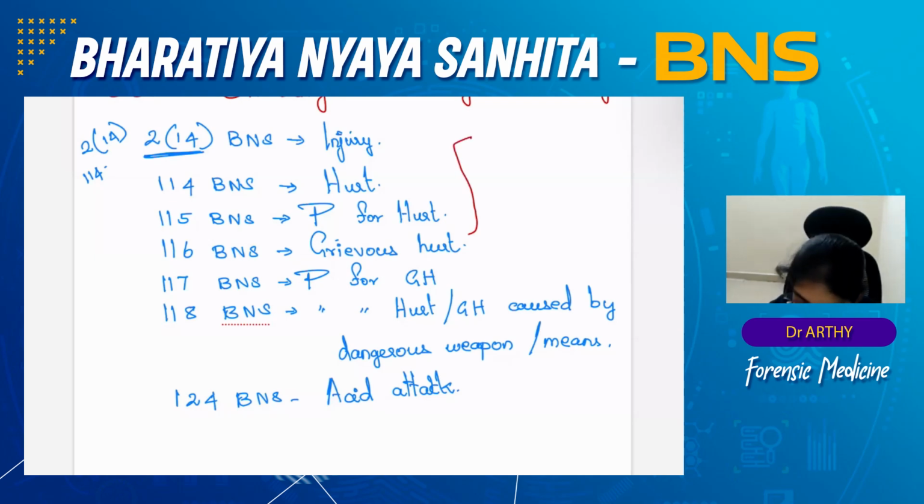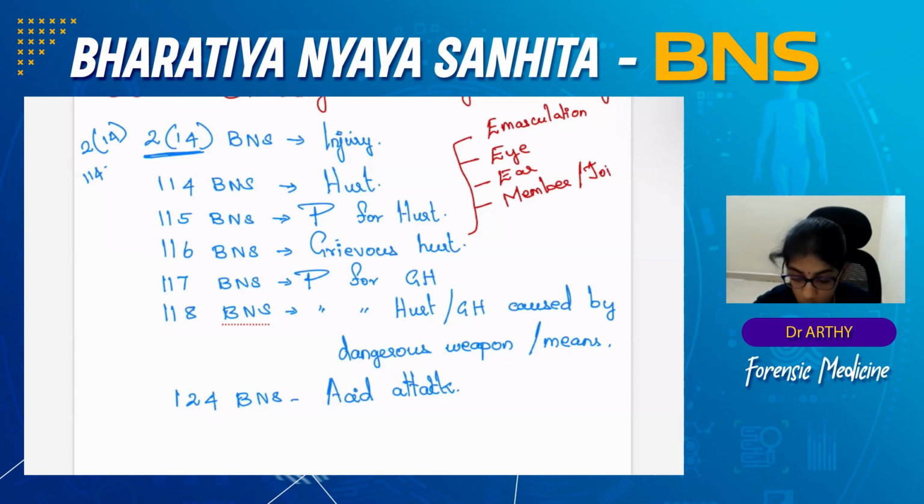Our 8 clauses start with emasculation, then permanent privation of sight of the eye, then permanent privation of hearing, permanent privation of a member or joint, then destruction or permanent impairing of the powers of a member or joint.